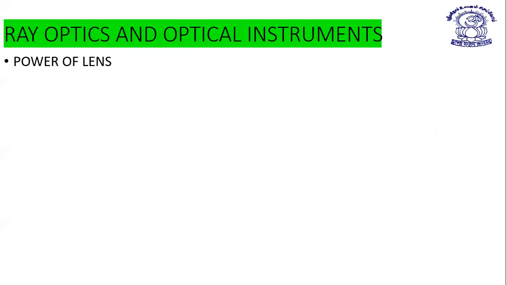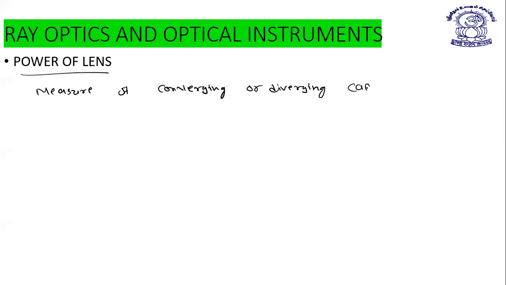Now let us understand what is power of lens. It is the measure of converging or diverging capability of a lens. Power is denoted by capital P. It is the reciprocal of focal length.